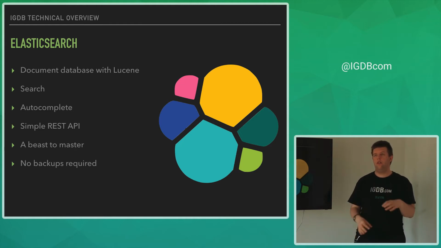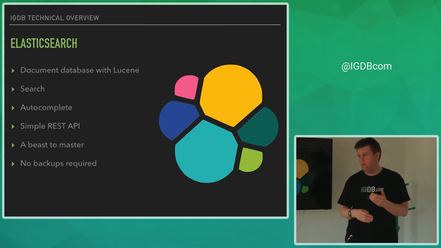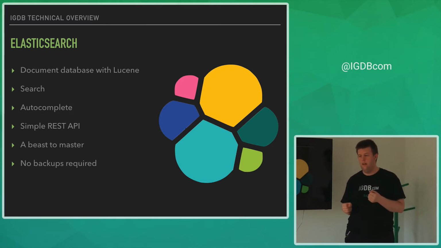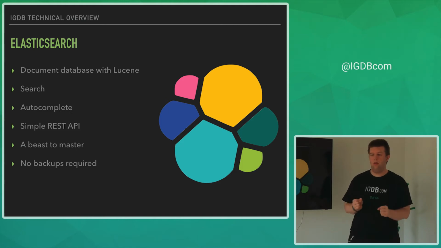It has all the search functionalities, but the problem is that the database with Lucene is very hard to use decentralized. So Elasticsearch builds on Lucene and attaches a document database to it.